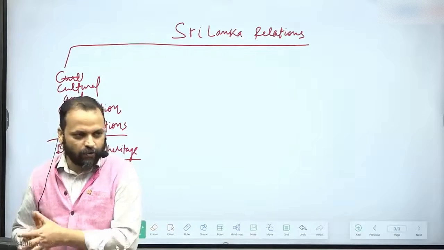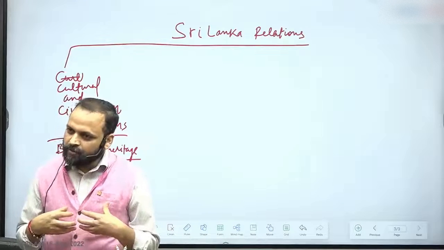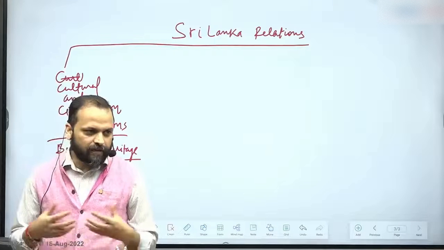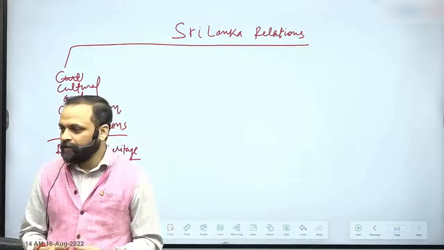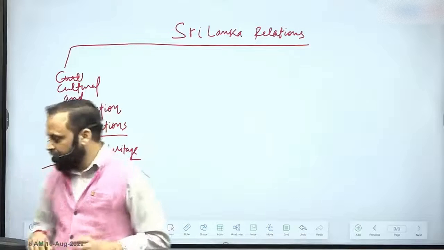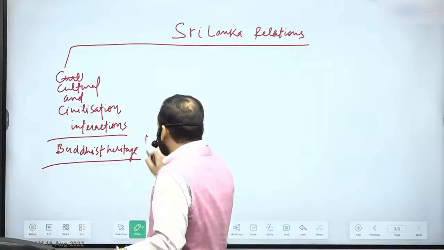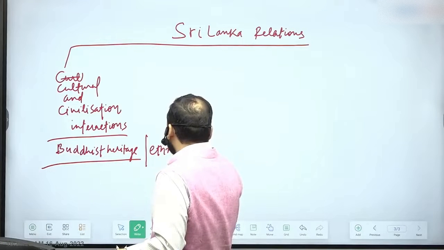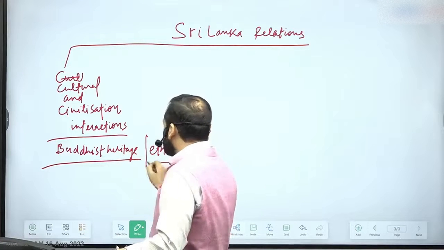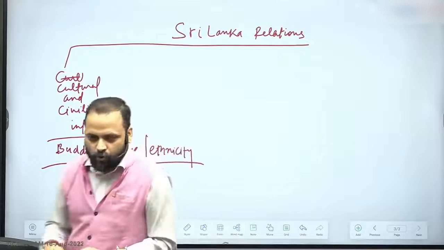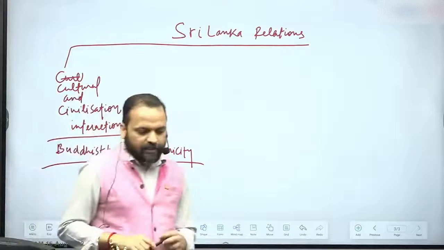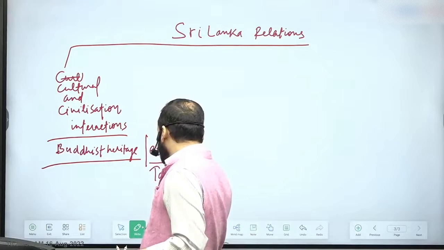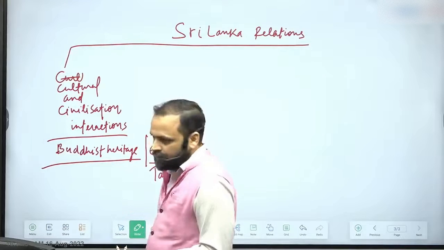So common political structures and political practices emerged, and then we find that this translates into a shared ethnicity also. Shared ethnicity means there are certain communities which are important communities on both sides.